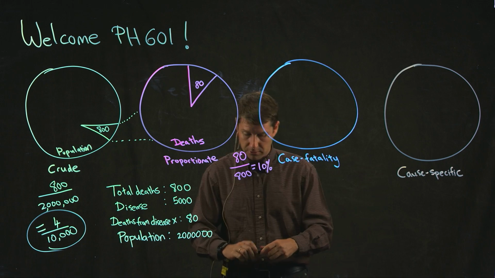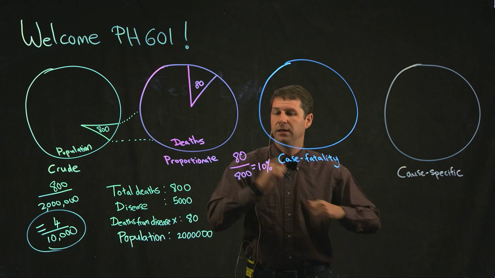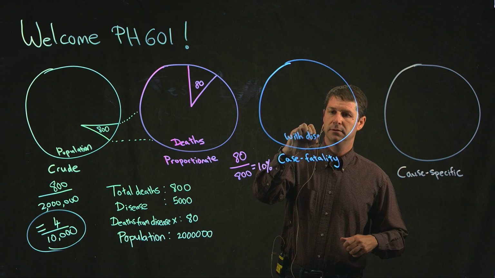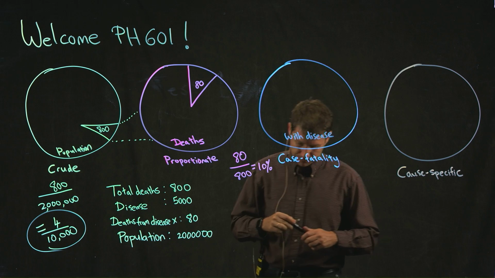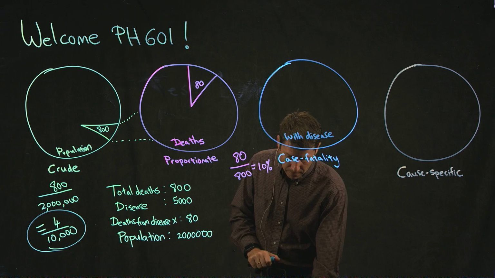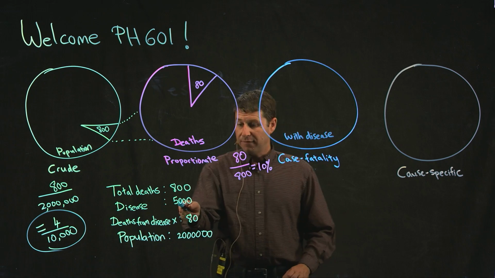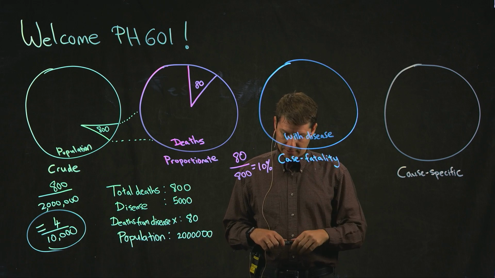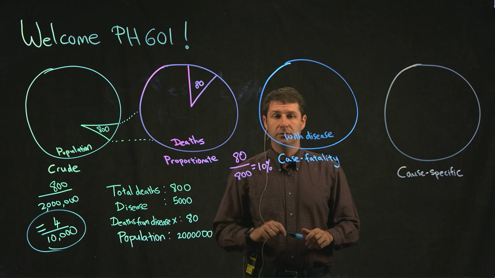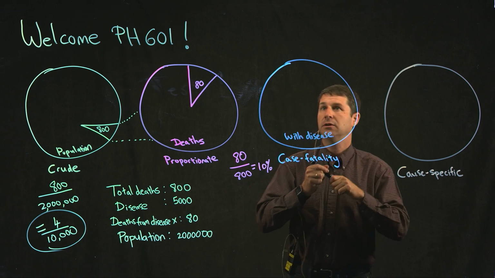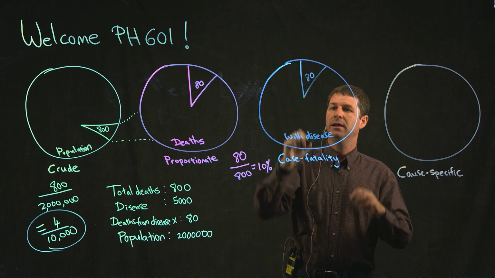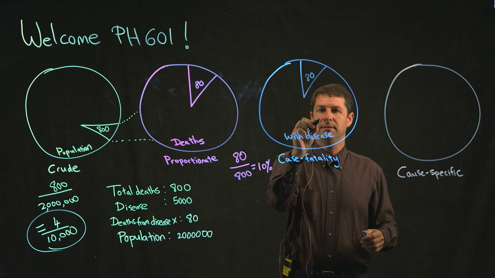So again, now, let's just write our denominator here. It's those with disease. And so in this case, we said that there are 5,000 people with disease. So that's our pie. And we know that 80 of those are going to die, right? So our slice is the same, but our underlying denominator is different.